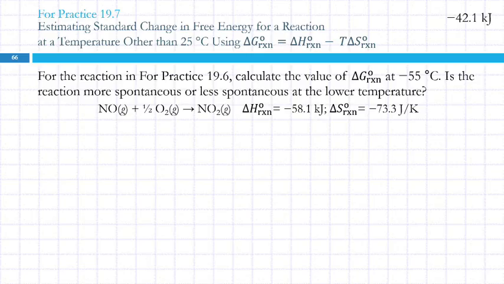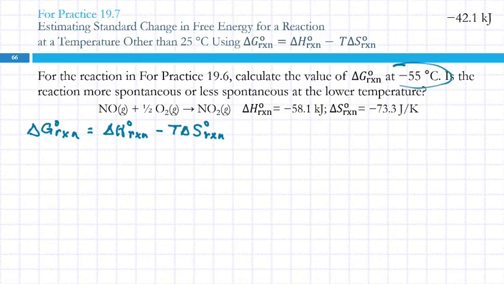So to save us from jumping back and forth, I put in here delta H and delta S that we already calculated. So to calculate at this different temperature, we're going to use delta G equals delta H minus T delta S. Delta H and delta S are going to be the same numbers, but T is going to be different.